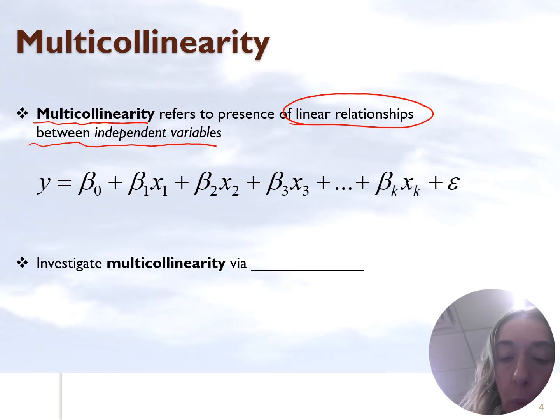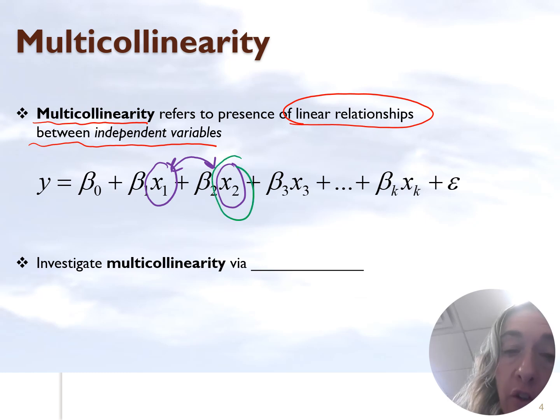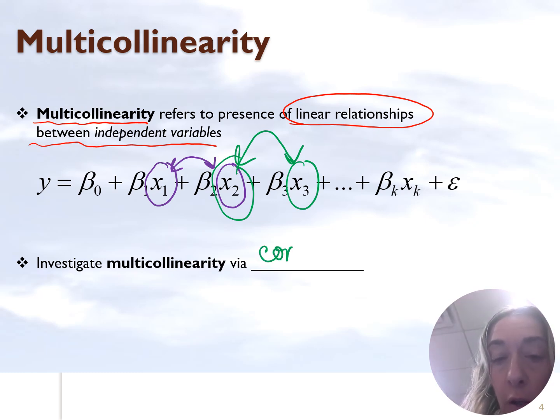For example, if x1 and x2 are linearly related, that would indicate multicollinearity, but perhaps it's x2 and x3 that have a linear relationship, again indicating multicollinearity.